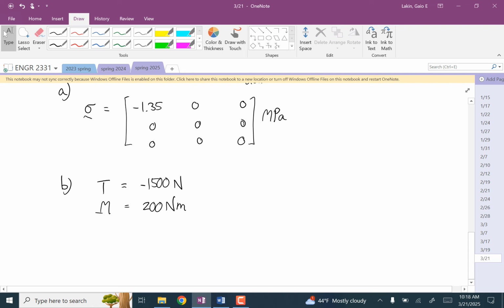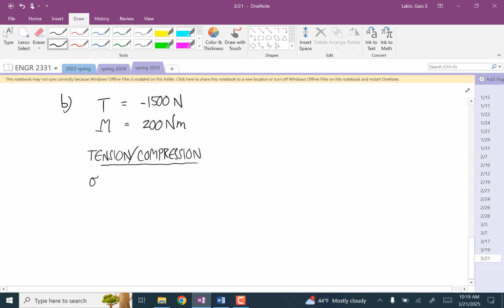Okay, so first, due to internal tension compression, sigma xx is equal to negative 1,500 divided by the area.